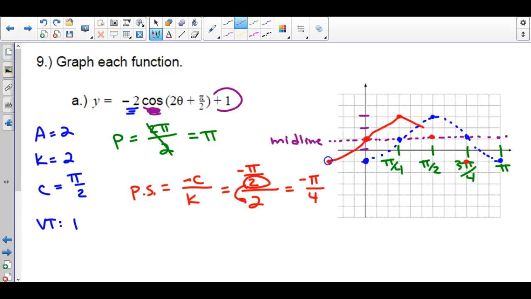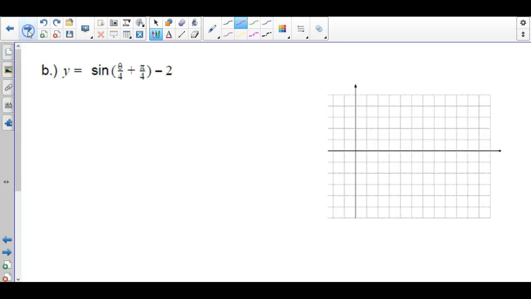And again, this one that's going in, this reddish orange, is going to represent what my actual graph would be. So the blue curve represents the graph before the phase shift. The red curve is the actual graph of this function with the phase shift and the vertical translation taken into consideration. So there's a lot of work to get these graphs.